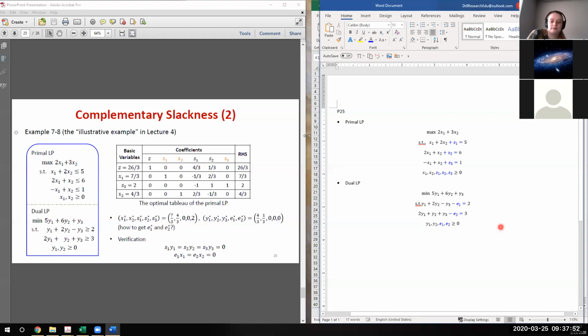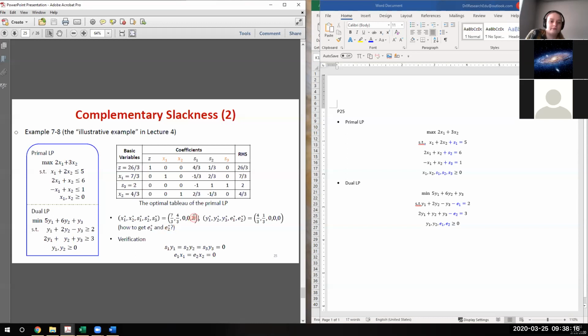Okay, here we go. So from lecture 4, I already know what? The optimal tableau of the primal LP, which is this, right? Now let's see. From here, I have x1 equal to 7/3, x2 equal to 4/3. X3 and X4 are not here. That means they are non-basic variables, which means they're 0.